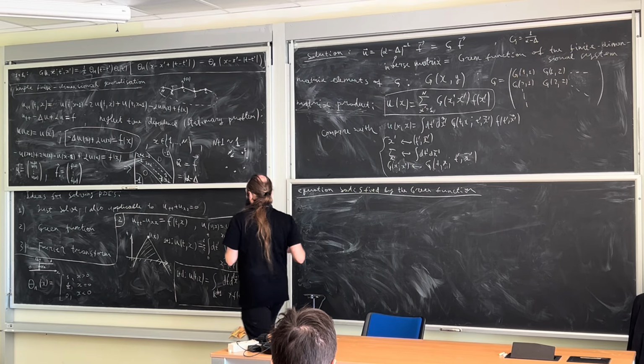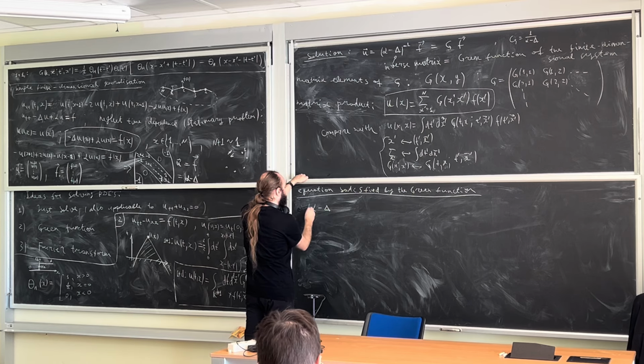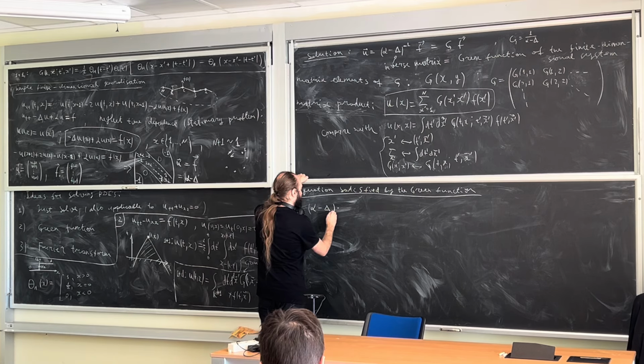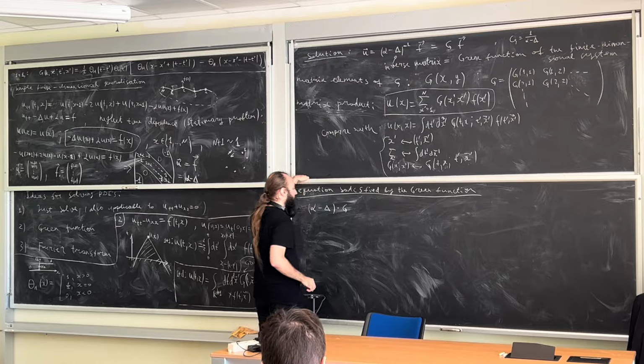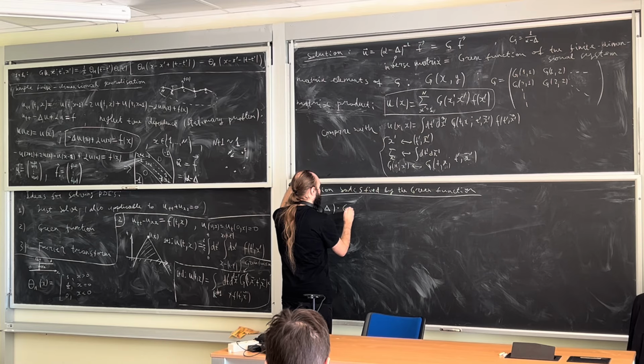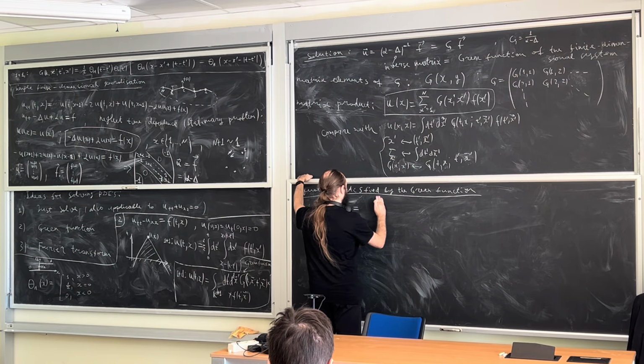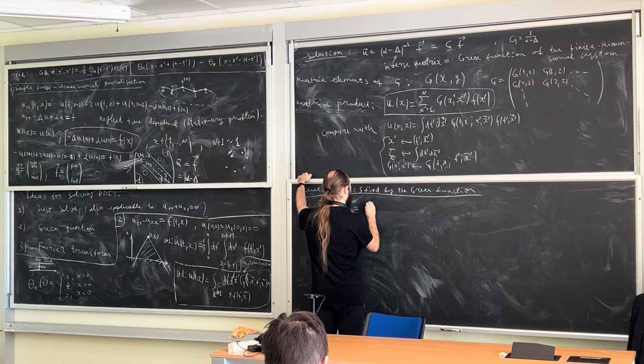So the equation should be alpha minus Laplacian, a matrix product with G, should equal the identity matrix.